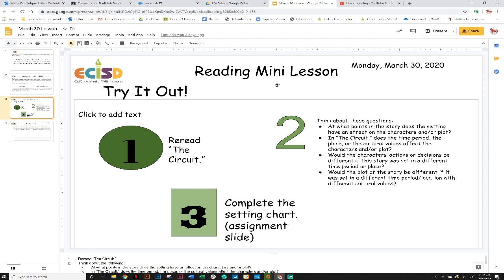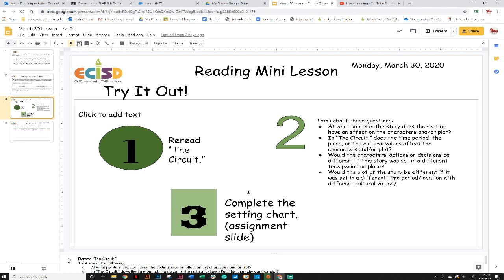Would the outcome still be the same, or would that change in setting affect it? Or maybe instead of in California, what would happen if the story was based here in Texas? Would it really make a difference, or would some of the actions in the plot change?